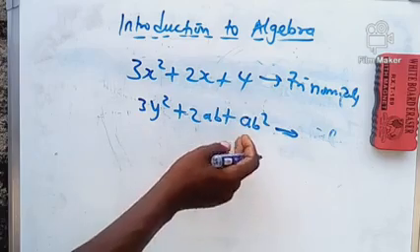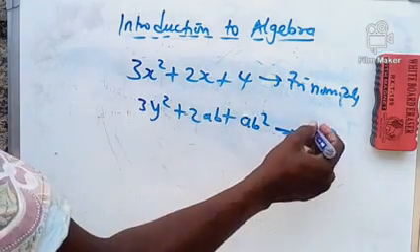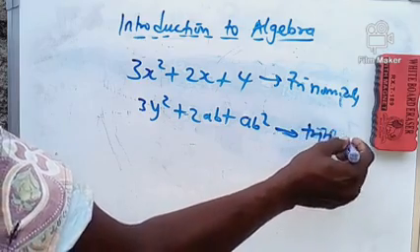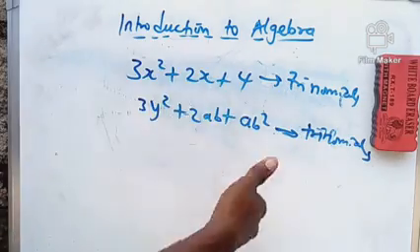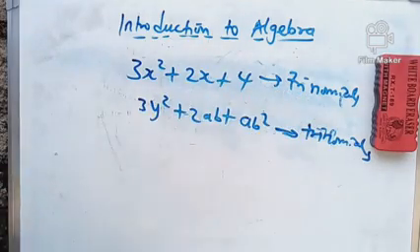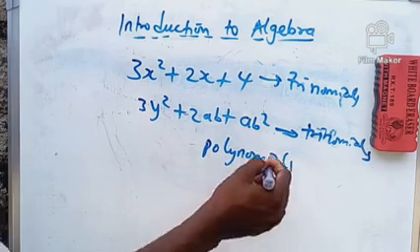As far as it comprises three terms, 1, 2, and 3, we call it what? Trinomials. The ones involving more than three terms are referred to as polynomials.